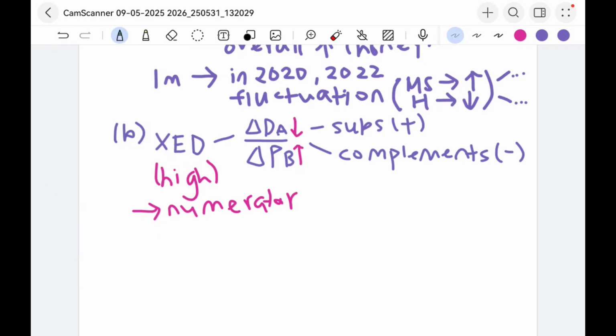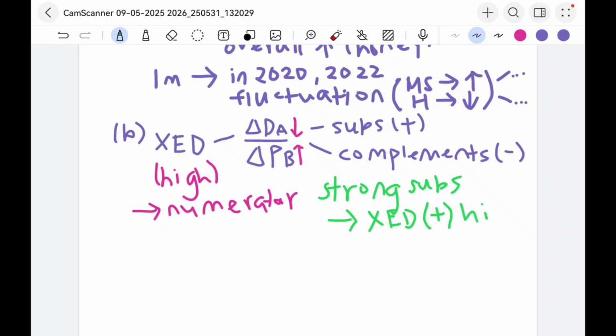Based on the extract, it seems to imply that they are strong substitutes. So you can quote the case to show evidence where it keeps hinting at them being strong substitutes. When you quote, after that you say that this implies that the value of the XED is going to be positive and high.